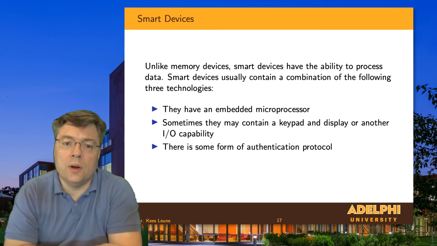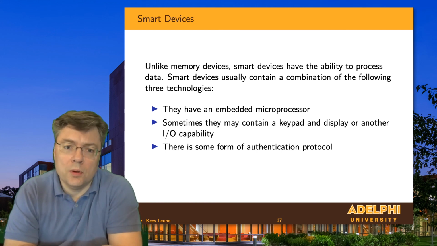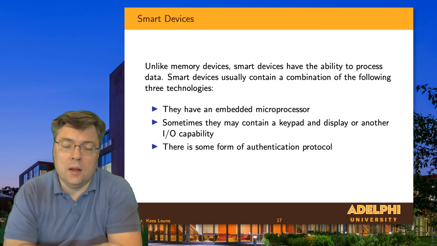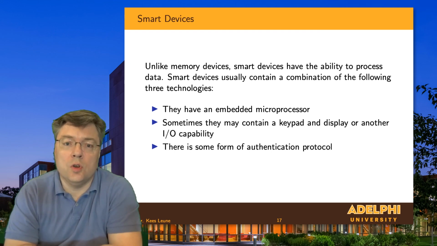We can use more advanced types of cryptography to really protect the identity of a user, because now we have a small but still effective computer on the card. But it also means that they become more expensive and that they are more complicated to use. At this point, there's really no reason not to use a smart device if you're using some form of token-based authentication.